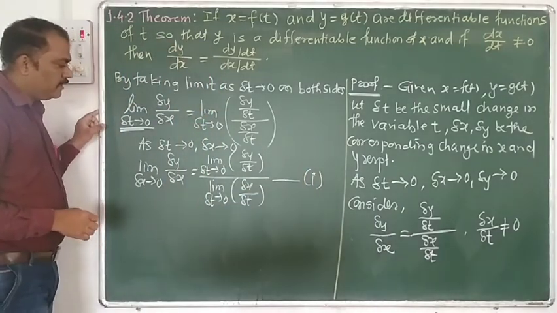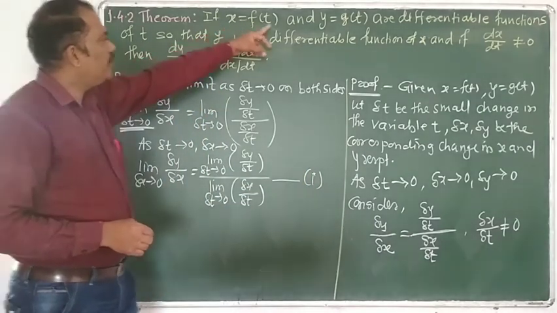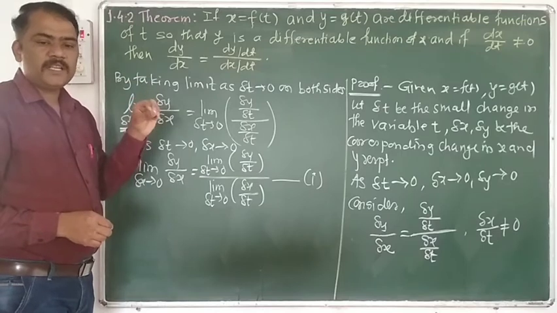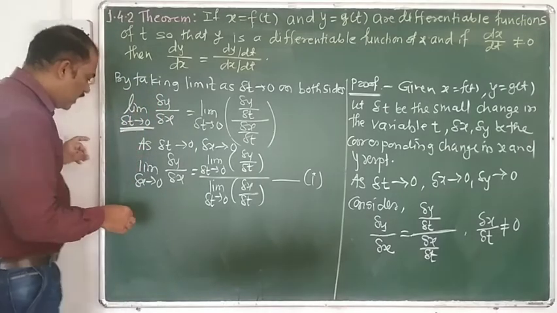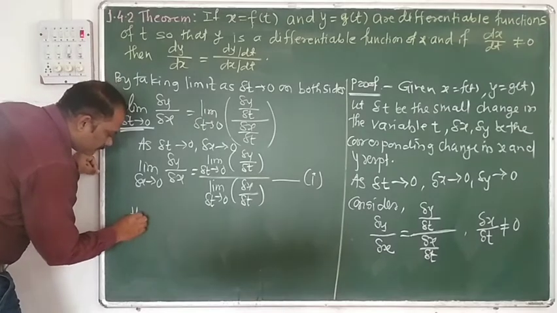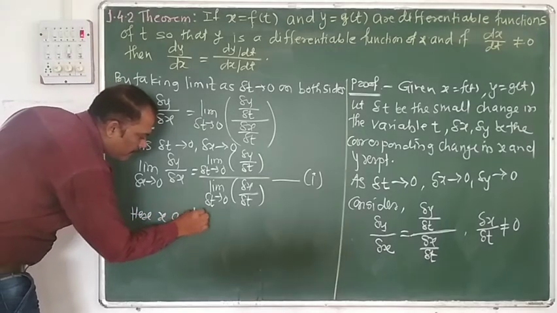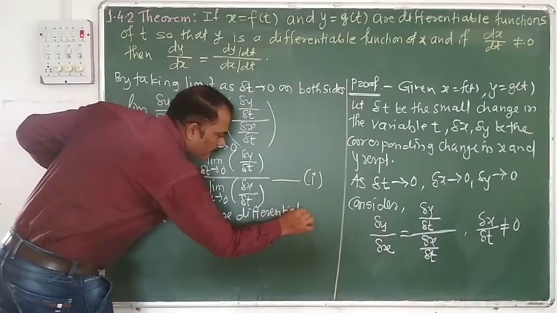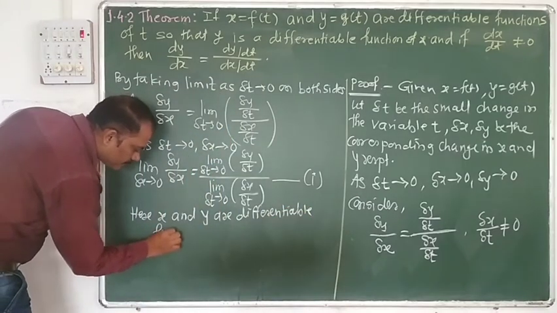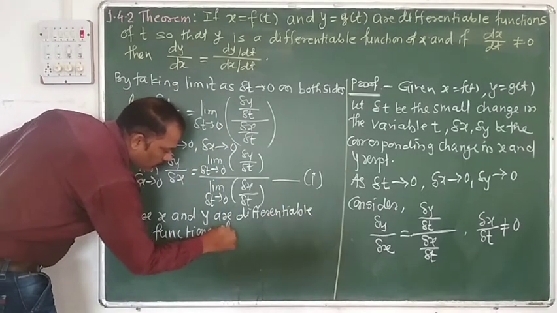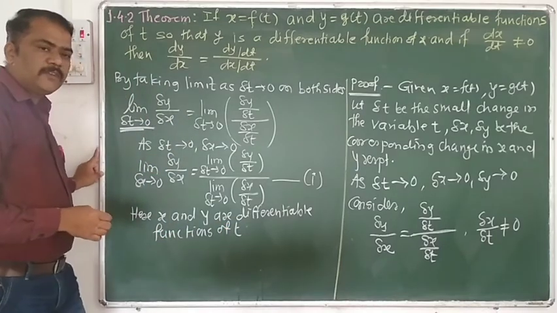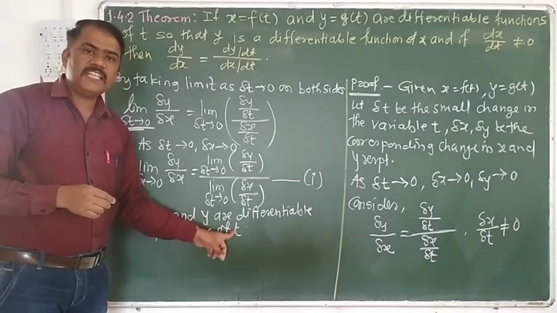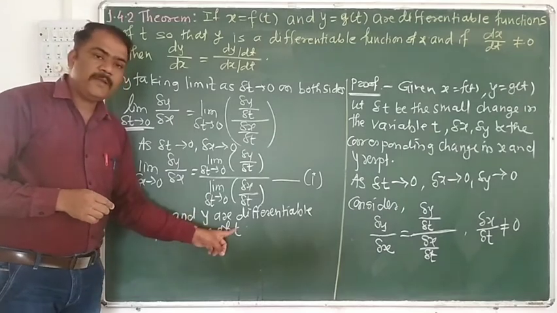In the statement it is already given that x is equal to f of t and y is equal to g of t are differentiable functions of t. So x and y are differentiable functions of t, which means the limit of x with respect to t exists and the limit of y with respect to t also exists, meaning dx by dt exists and dy by dt exists.